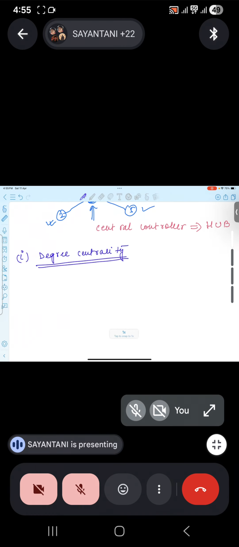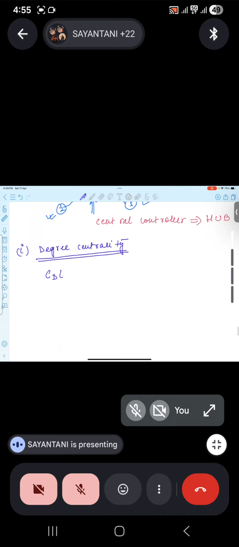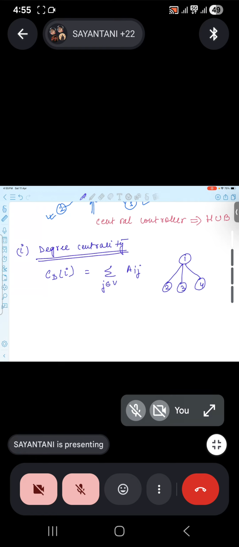Degree centrality is defined like this: for a particular node, it is simply the number of links connected to that node. So if you have this type of graph, the degree centrality value of node number 1 will be 3. It's a simple thing.